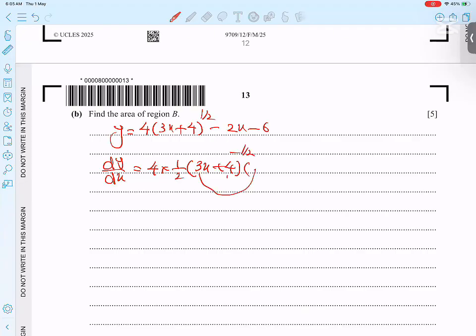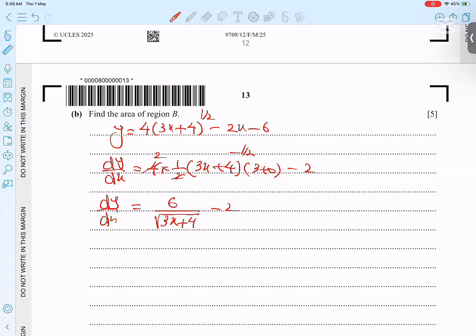This is 3 and this is 4. So I got 3 plus 0, very clear, and negative 2x becomes negative 2. Now this 2 cancels and 3 times 2 is 6. I got 6 over the root of (3x + 4) to the power negative 2. I got the derivative. I believe the point is very clear.